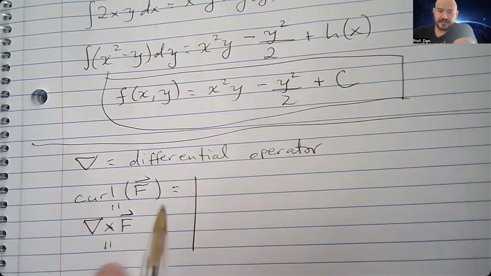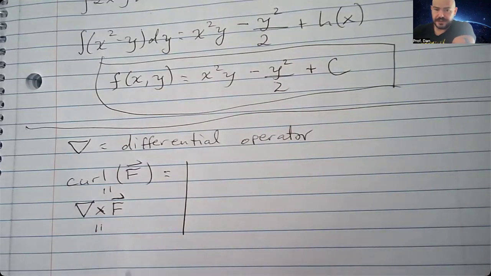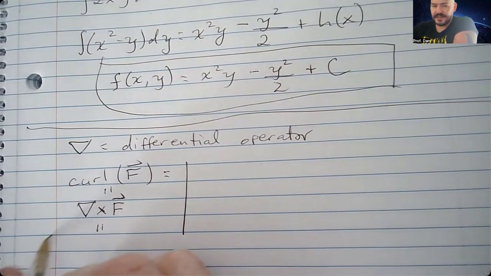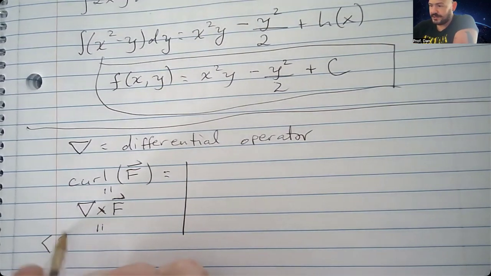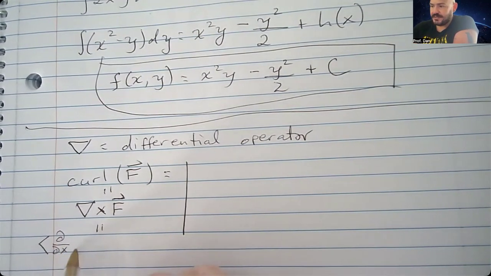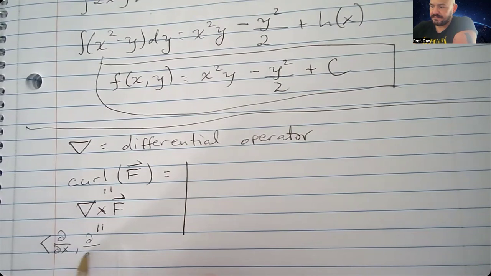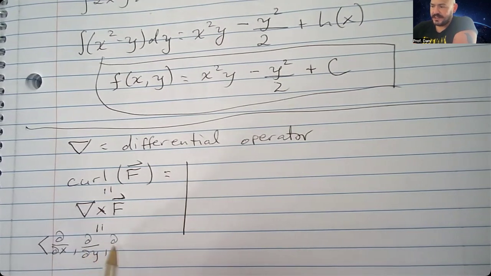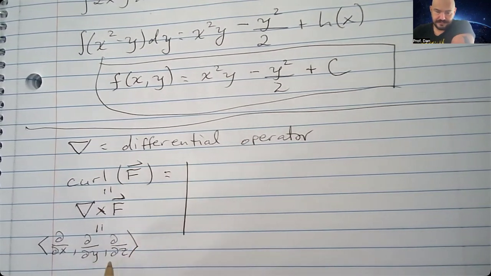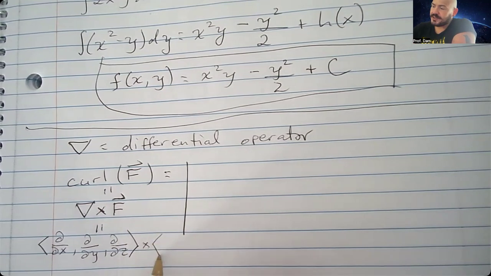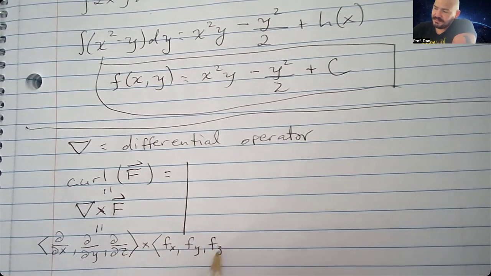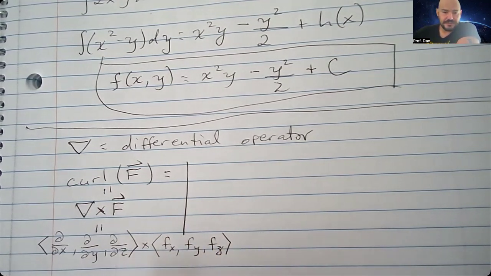And again, before I write out the actual matrix for this, if I wanted to write this in component form, your del differential operator looks like this, and we're taking the cross product of that with this vector field.